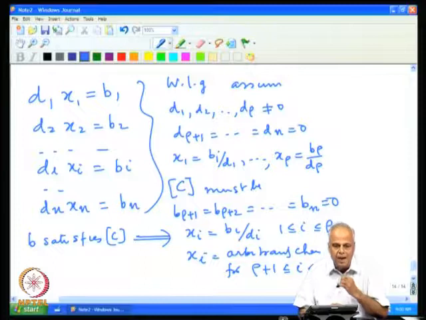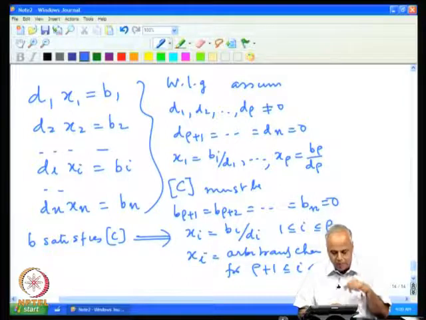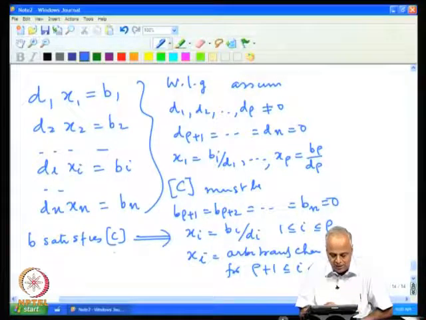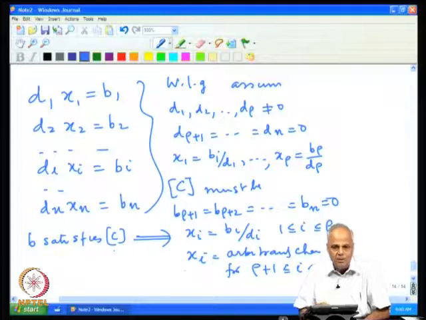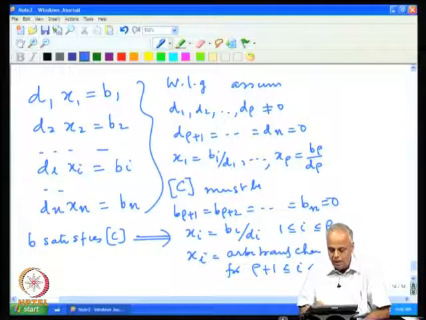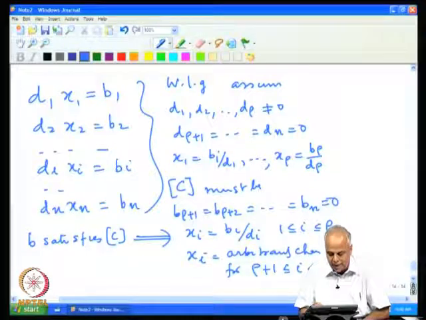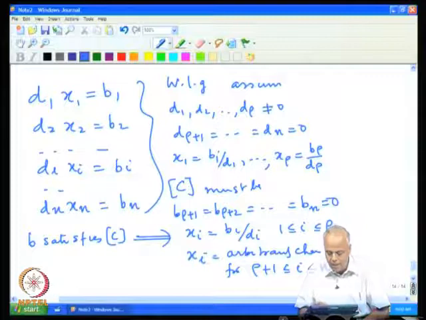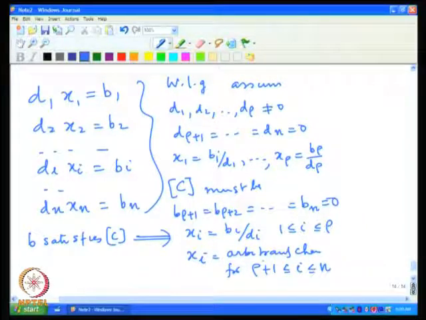Now, when that condition is known, given a b, we ask, does b satisfy this condition? Suppose b satisfies this condition, then we have the answer that the solution must be of the form xi equal to bi by di for 1 less than or equal to i less than or equal to rho, and xi equal to any arbitrary value for i between rho plus 1 and n.